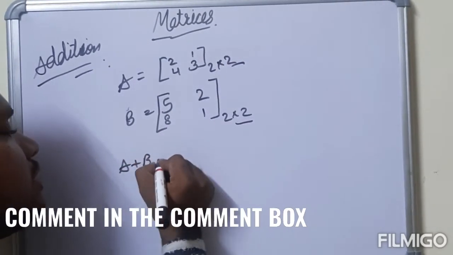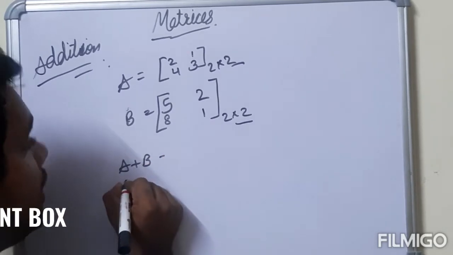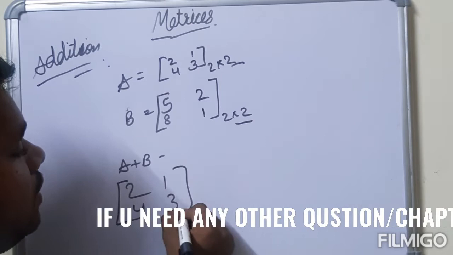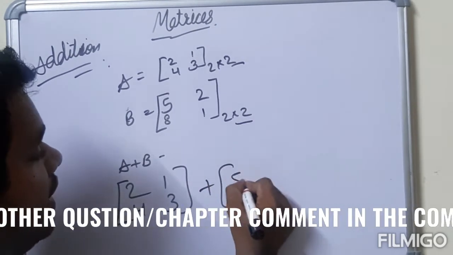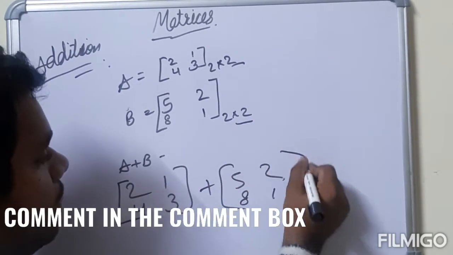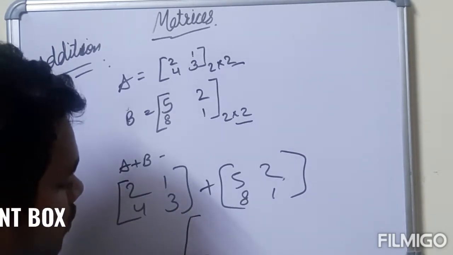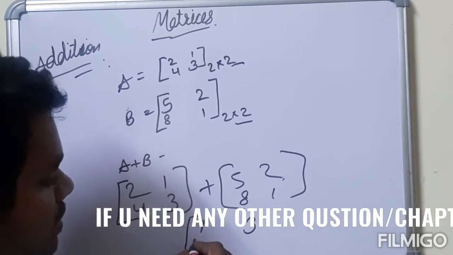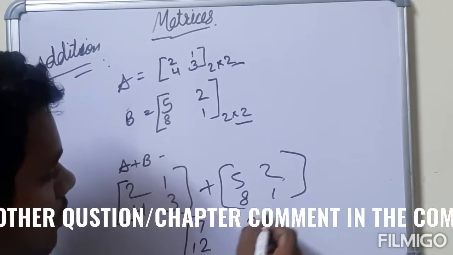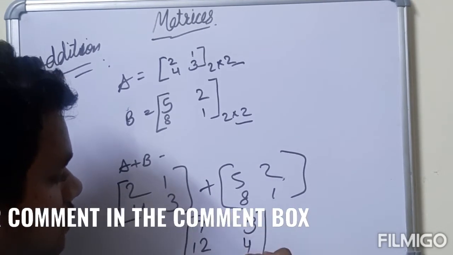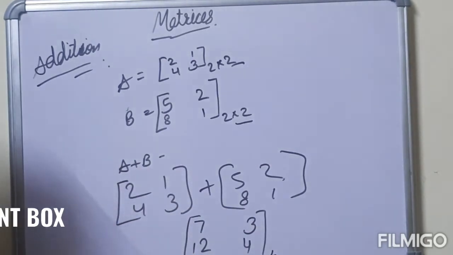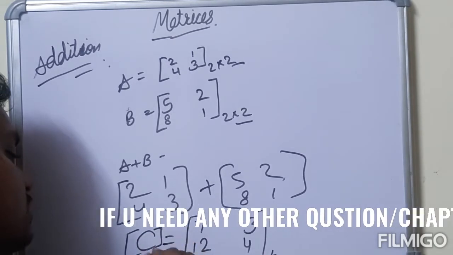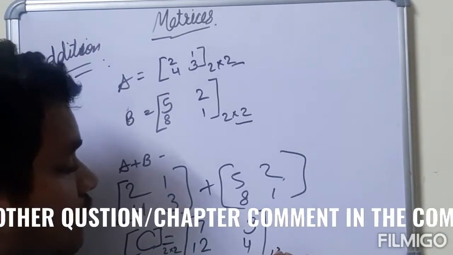A plus B is 2, 1, 4, 3 plus 5, 2, 8, 1. The sum of both matrices is 2 plus 5 equals 7, 1 plus 2 equals 3, 4 plus 8 equals 12, 3 plus 1 equals 4. We can also see that the matrix will be the same in the other order.